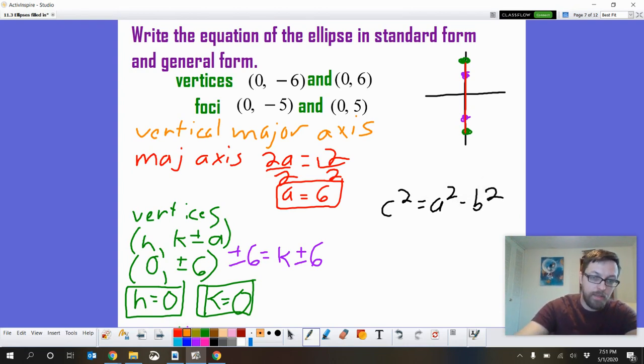So our a value is 6, so we got 6 squared minus b squared, and we know what our c value is. Oh, nope, I haven't gotten my c value quite yet. So my c value are at my foci, so I better grab that. So there's a reason we got these foci.